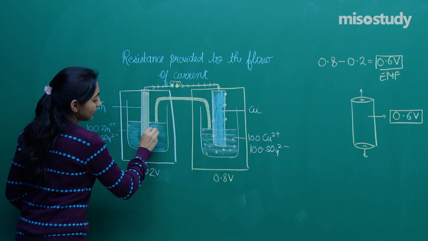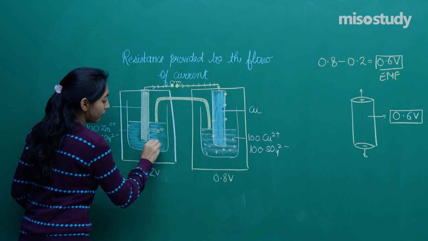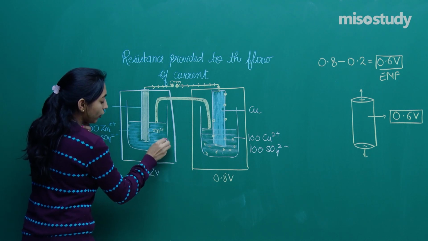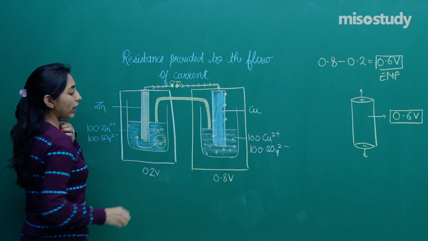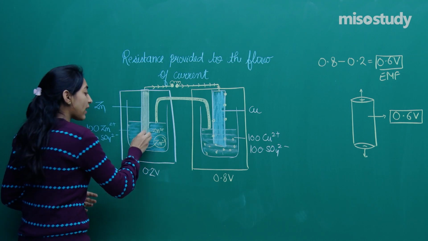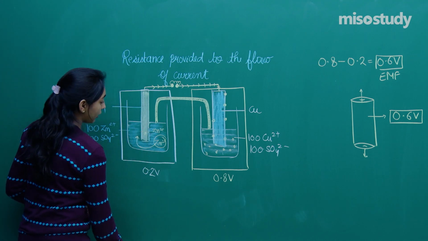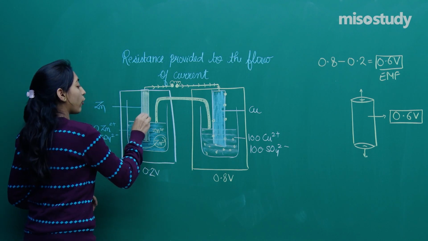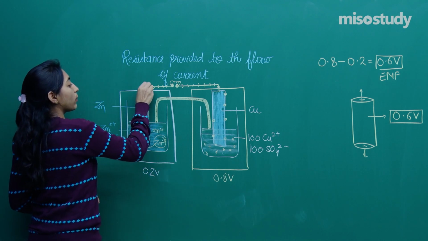Now Zn2+ flowing from one position to another position will also feel some resistance. And then electrons will come here, and these electrons will start moving.